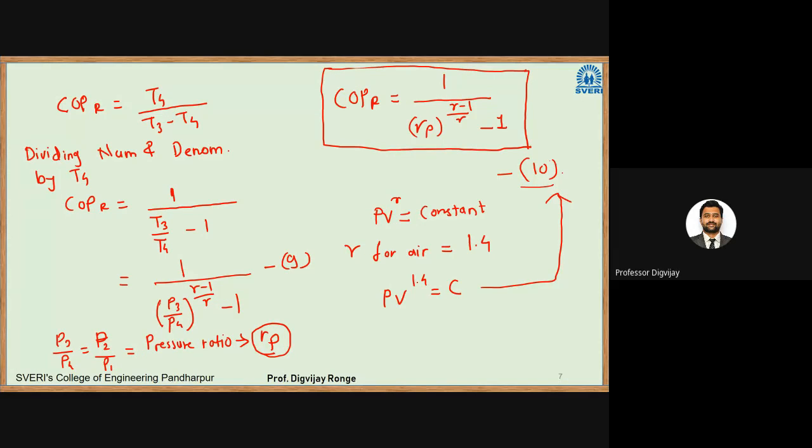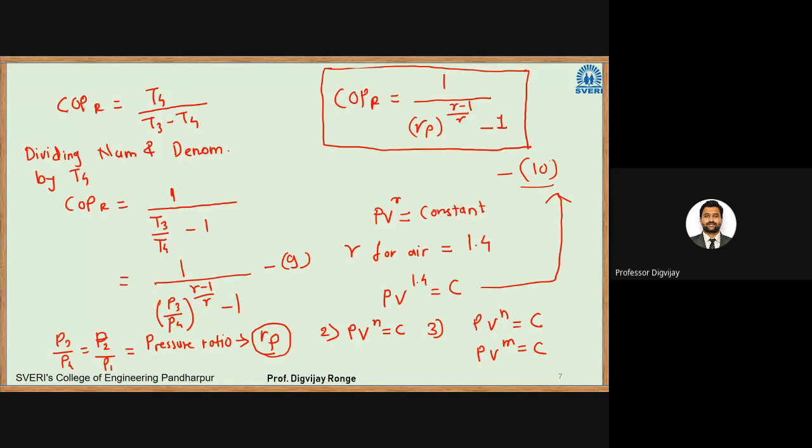Okay, so there are two cases remaining. The second case is where compression and expansion both follow the law PV raised to n equal to C. Now in this case, it is not gamma, it is n. And the third case is where compression follows one law, let us say PV raised to n equal to C, and expansion follows a different law, let us say PV raised to m equal to C. So they follow different laws, and then we have to calculate the COP. So we have three cases.